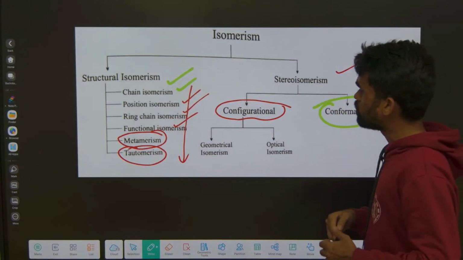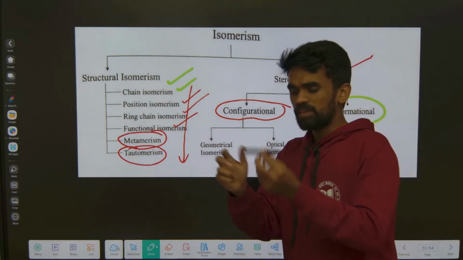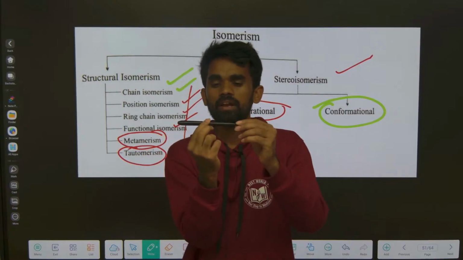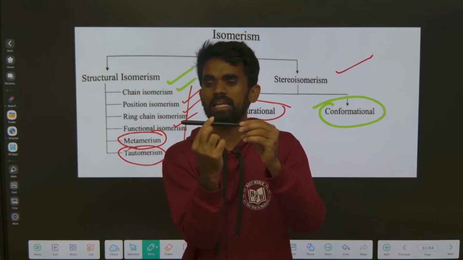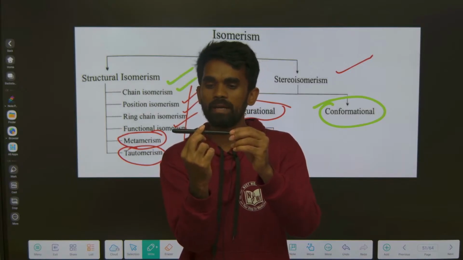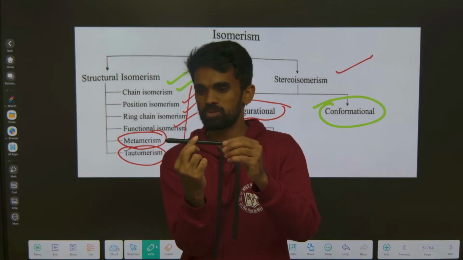Now what do we mean by conformational isomers? For example, if this is a carbon-carbon bond, here we have two carbons. By rotation through a small or bigger angle, what is it making? It is giving a new pose.